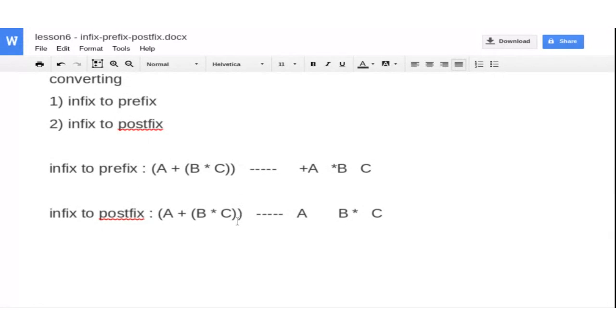So we are going to move the plus just outside this particular bracket. When you do that, the plus comes after C. And that way, it is now the postfix format for our expression that we are using for this discussion.